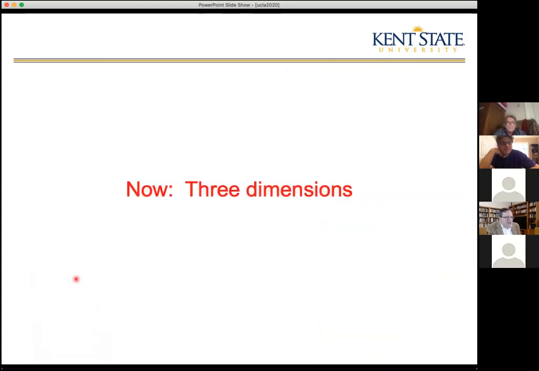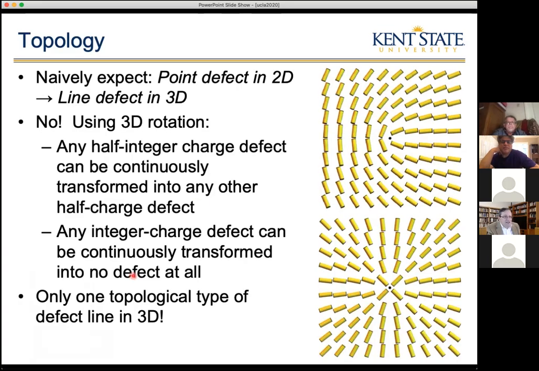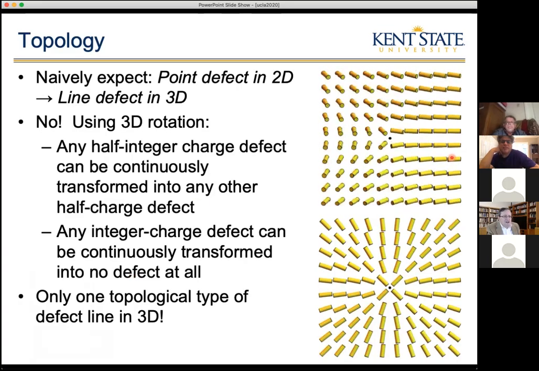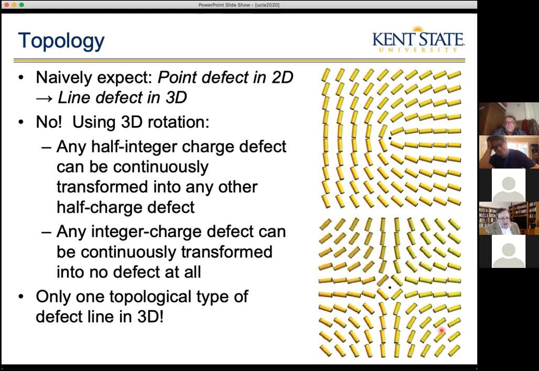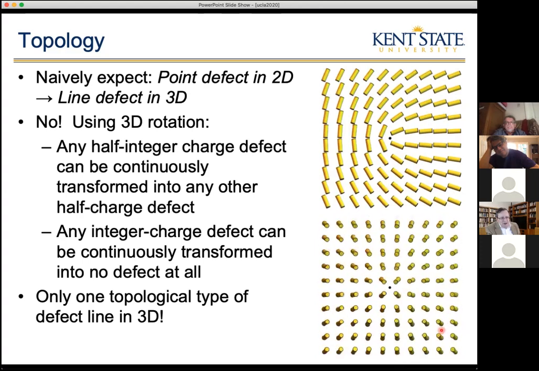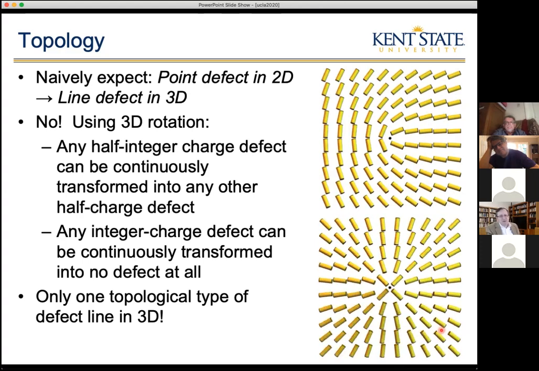Okay, it's +½. Now it's twisted. Now it's minus half. Now it's twisted. Now it's plus half again. And for this one, it's plus 1. Now it's no defect. Now it's minus 1. Now it's no defect. Now it's plus 1.